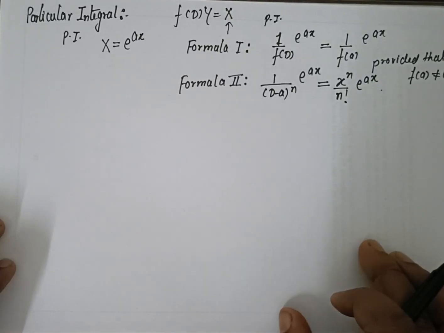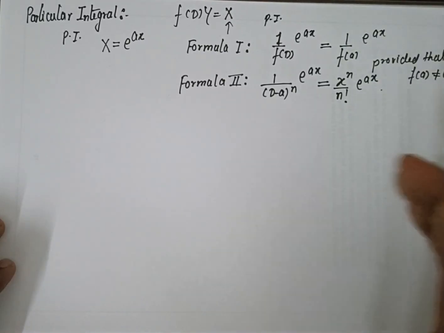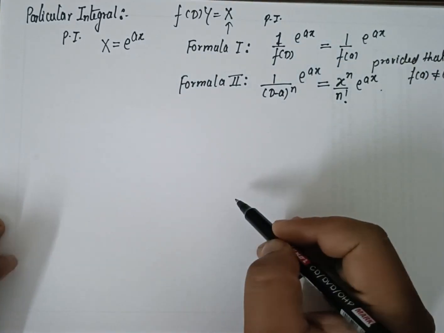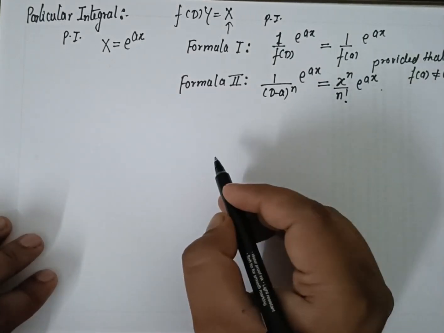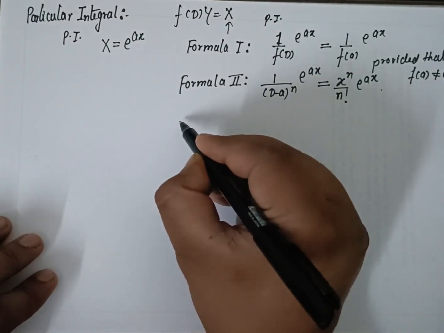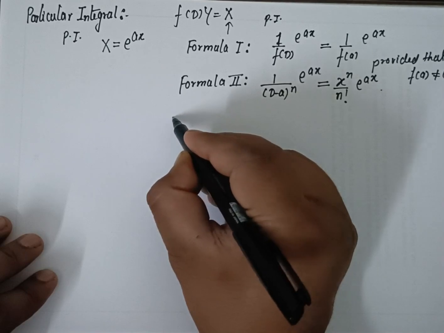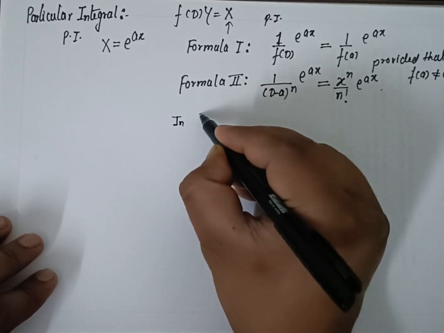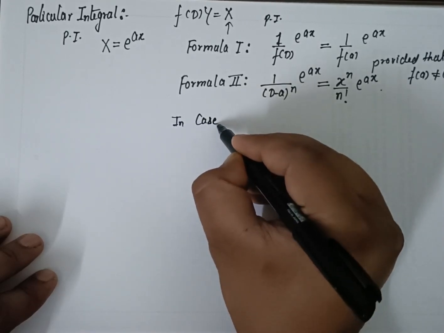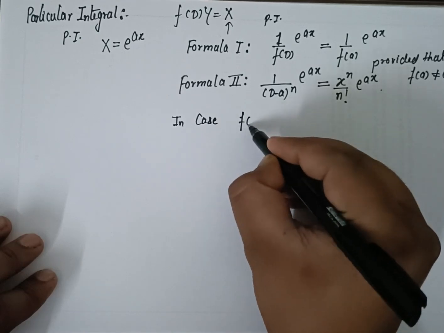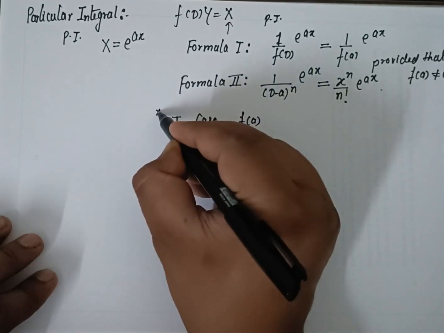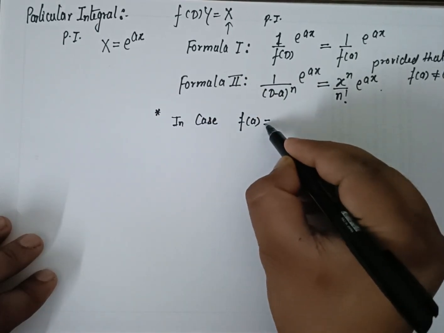So now we are going to deal with another format of this. Your f of D may be of the form, in case f of a is equal to 0.